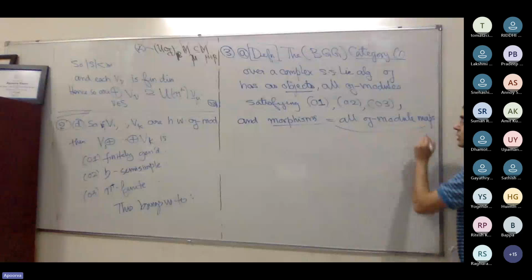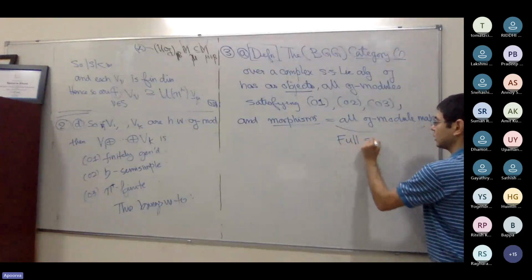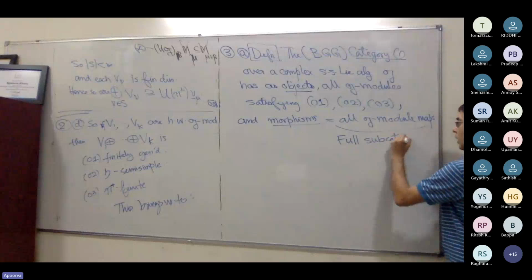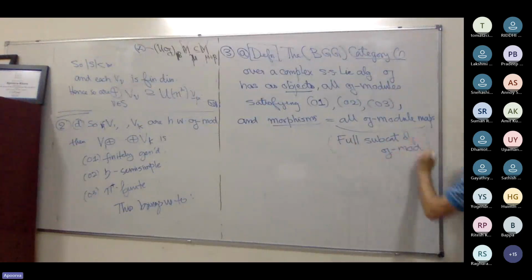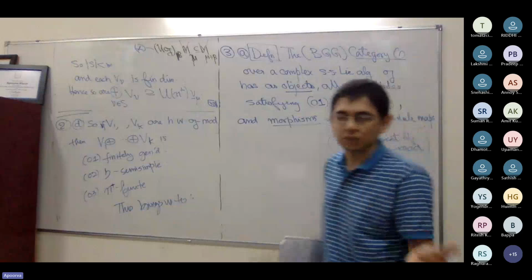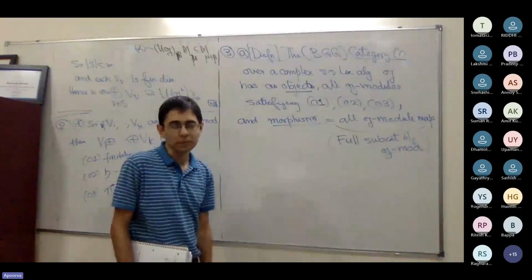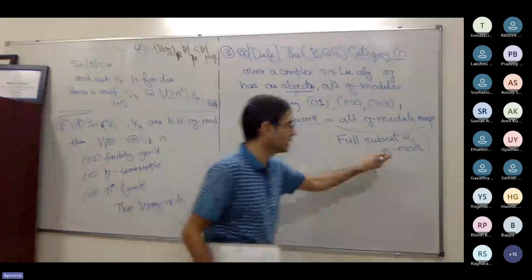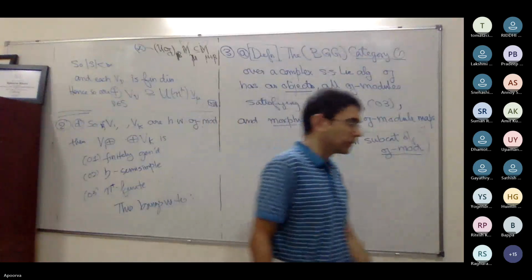When one says that morphisms are all g module maps, this is also just called a full subcategory. That's just an abbreviation for saying that the morphisms in the smaller category are all the morphisms in the bigger category. So this is a category, this is a subcategory, it's a full subcategory. Okay, fine.